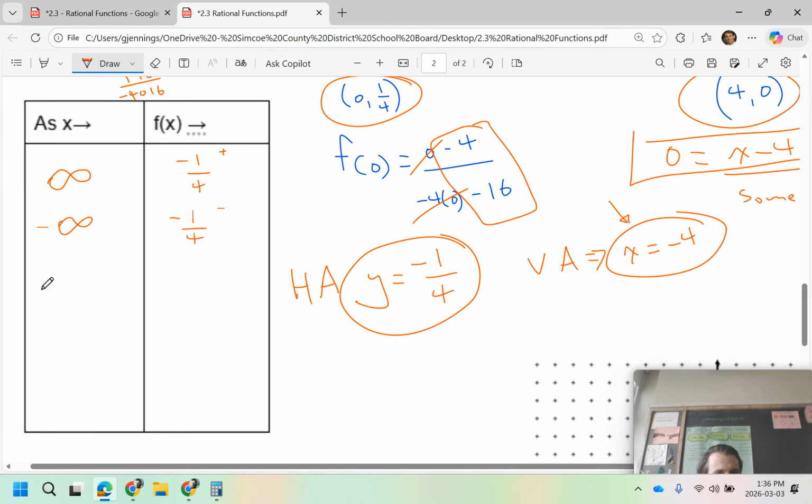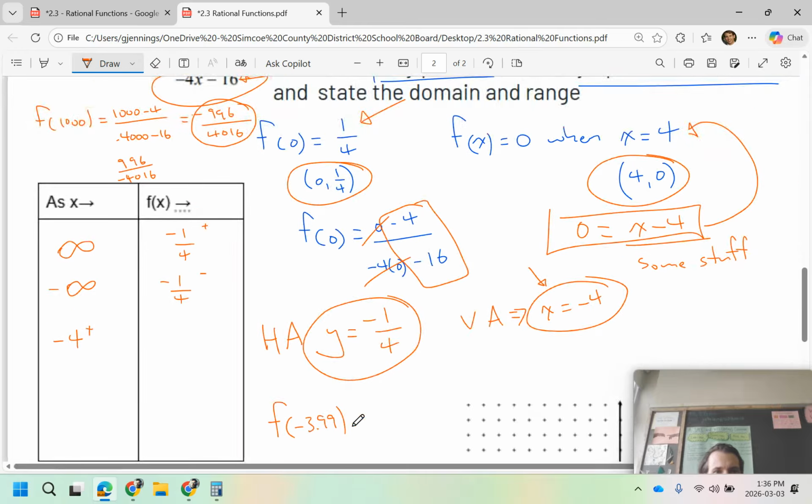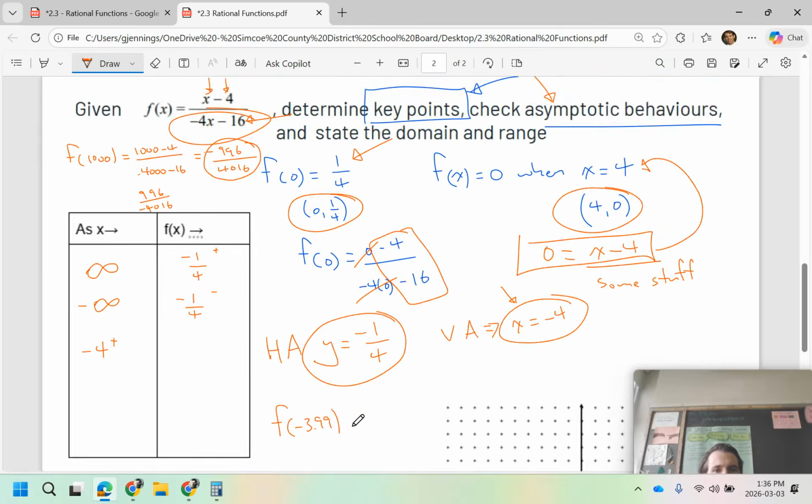So as x approaches negative 4 from the positive side, I am going to test that with f at negative 3.99. You can see that that's going to give me a value just to the right, from the positive side of negative 4. I have to do this by visualizing, or else I make errors.